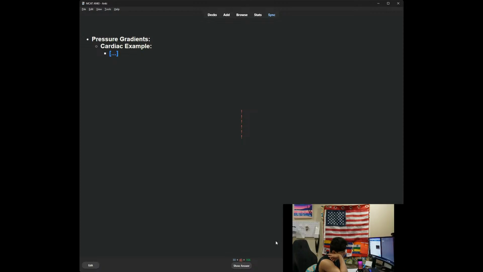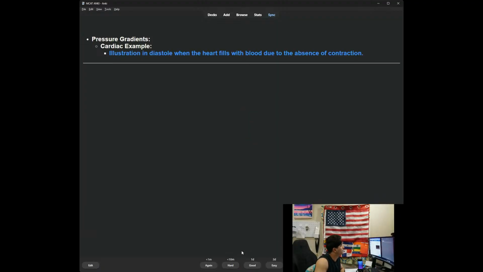We'd also have the AV valves open to have the blood pull into the ventricular cavities, and so that's lub, right? And diastole is basically the opposite.